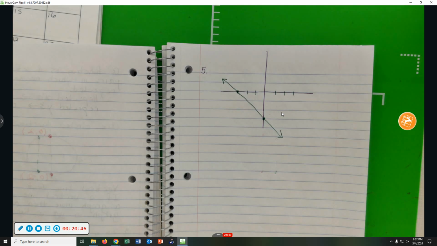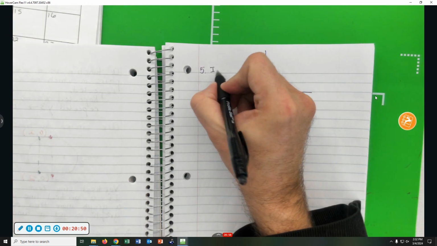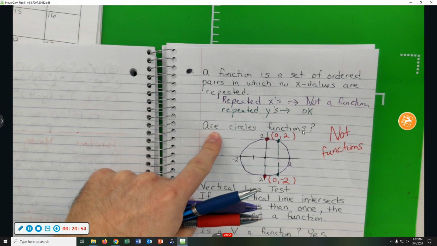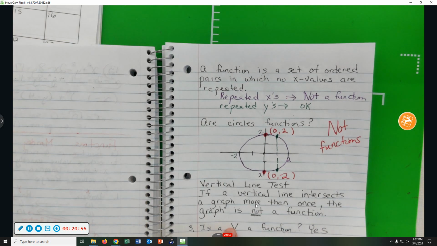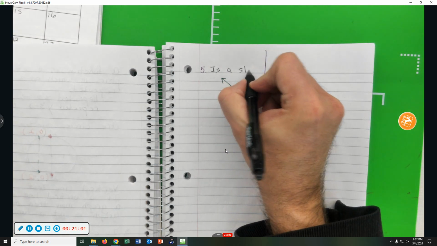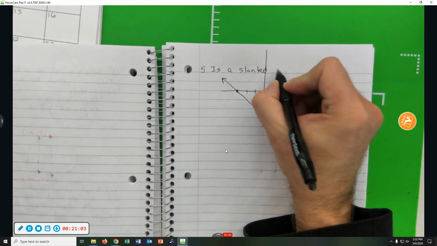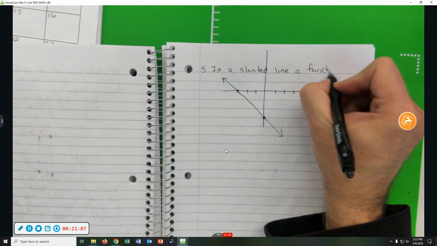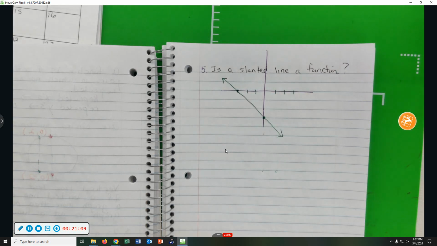Yeah. For number 5, we're answering the question. We've already answered the question, are circles functions? No. Is a V shape a function? Yes. Is a slanted line a function? That's basically what we're answering on number 5.